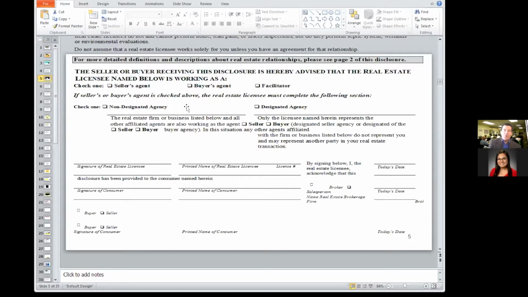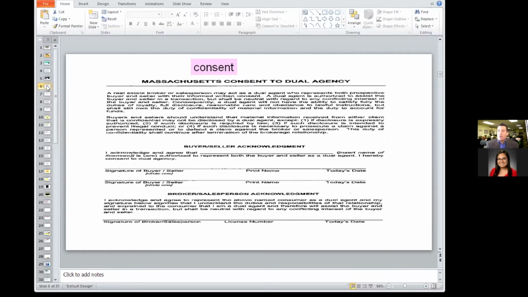I can't go into too much depth as far as agency. It would be here till midnight. So if you're a traditional real estate firm, then you would have consent to dual agency in standalone forms like this, or built right into your buyer agency contracts or your listing contracts.